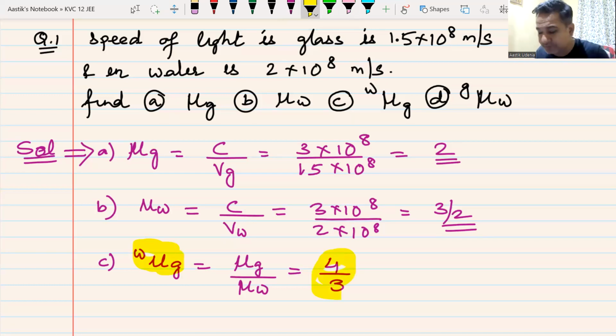Do we understand this now? Glass is denser. Water is rarer. Okay, do we get this? Yes, sir. Sure? Sure means we are done with this.